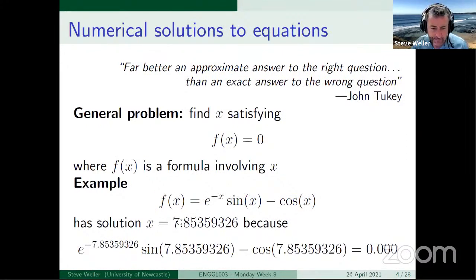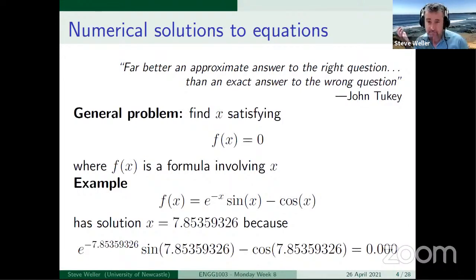You can see here I've written the solution out to 8 decimal places. And if we substitute that value of x into the equation, f(x) equals e to the minus x times sine of x minus cos of x, we get 0. That's what it means to find a solution.